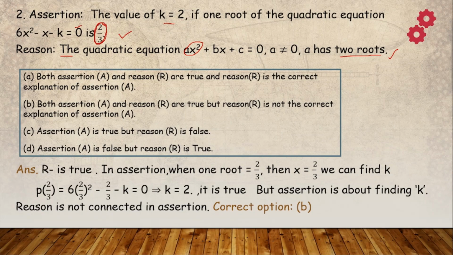How to check the zero or factor of the equation, that is what the assertion is saying about. Both the statements are true, but this assertion is not at all using this thing. It is telling about two roots, but here I have only one root. It is talking about substitution of the value, not solving the equation. So it has no connect. So the reason is not a proper explanation of the assertion. So we go for option B.